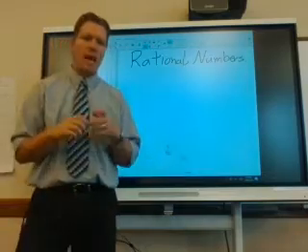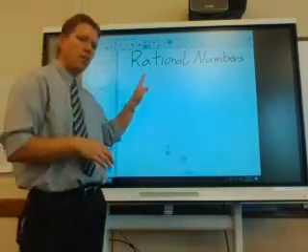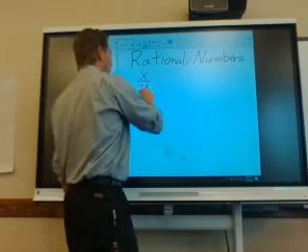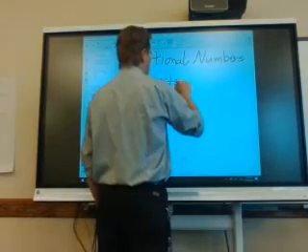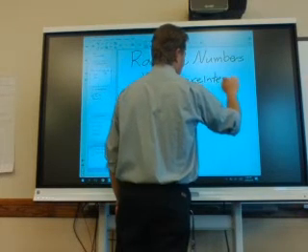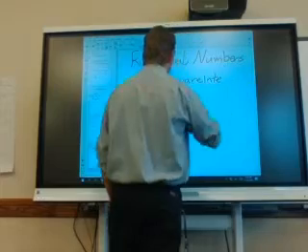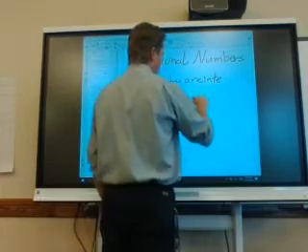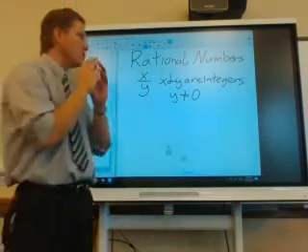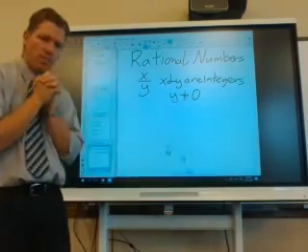Because if you remember, the actual definition of a rational number is that it can be written as x over y, where x and y are integers, and y is not allowed to equal 0. Okay? So those are the basic facts about a rational number.